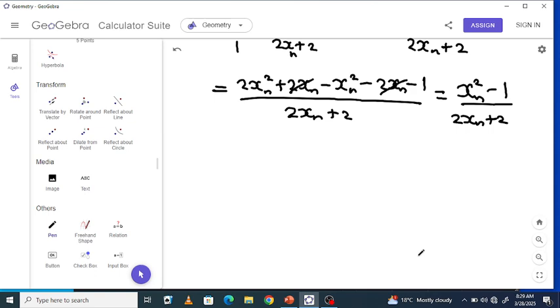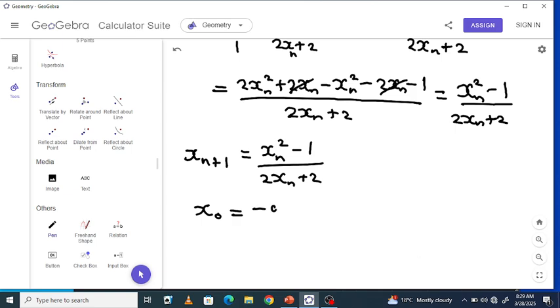We can now easily say that our xn plus 1 is equal to xn squared minus 1 over 2xn plus 2. We want to get x1 from x naught, you just substitute. Our x naught was given as negative 0.9.